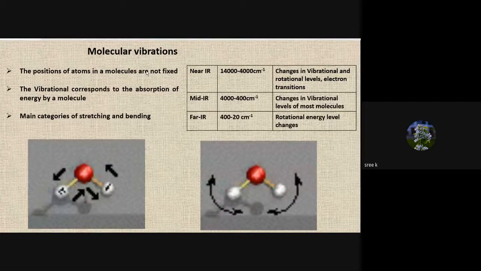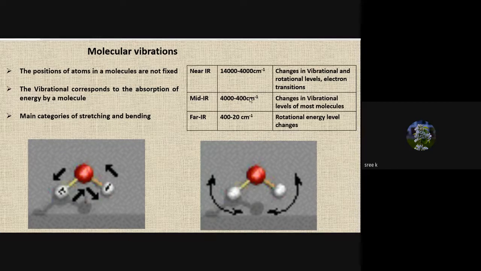Now, where is the IR present in the spectrum? This is the window of near IR, like 14,000 to 4,000 per centimeter, and here this is 4,000 to 400 wave number.